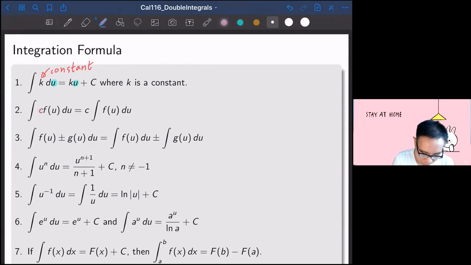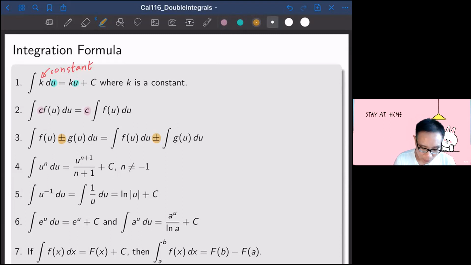So you'll be able to just move the constant out, or you just ignore the constant and integrate the function. And you have the sum and the difference of two functions that you'd like to integrate. So the integral of f(u) plus or minus g(u) du is gonna turn out to be the integral of f(u) du plus or minus the integral of g(u) du, okay?